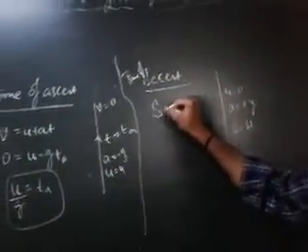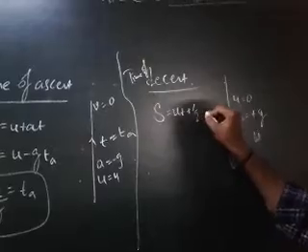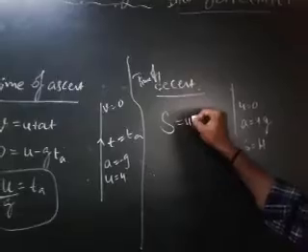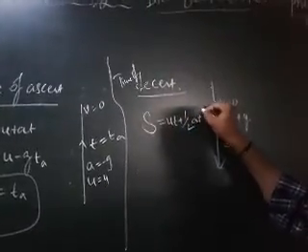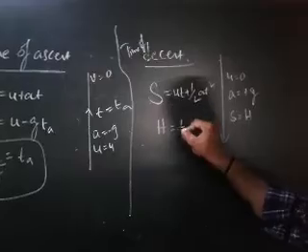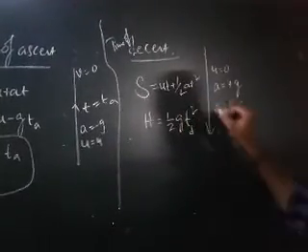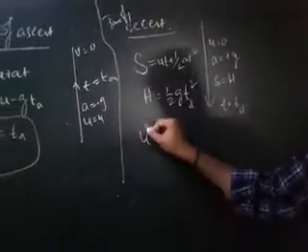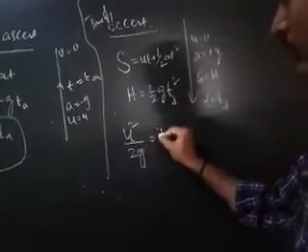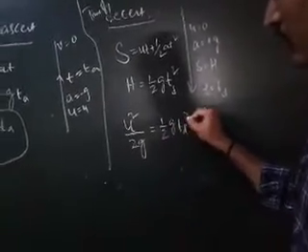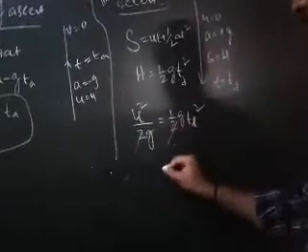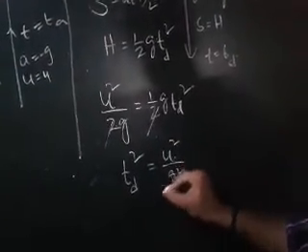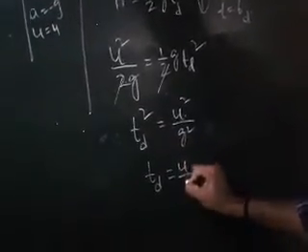Then s is equal to ut plus half at square, so h is equal to half into g into t_d square. We take t_d downward, and we know h is u square by 2g. Therefore 1 by 2 g into t_d square, the 2 gets cancelled. Here t_d square is equal to u square by g square, so t_d is equal to u by g.